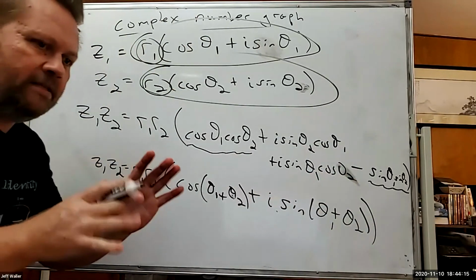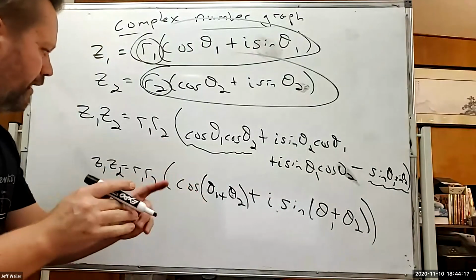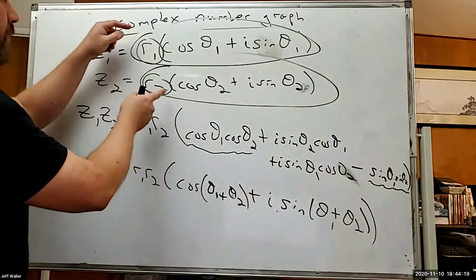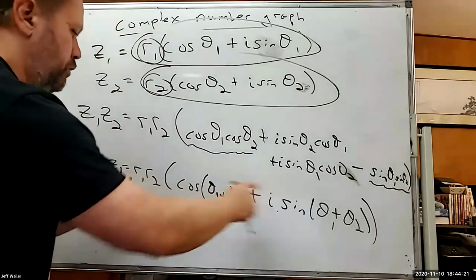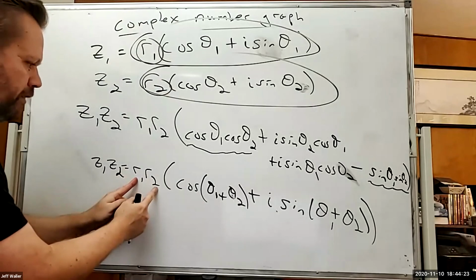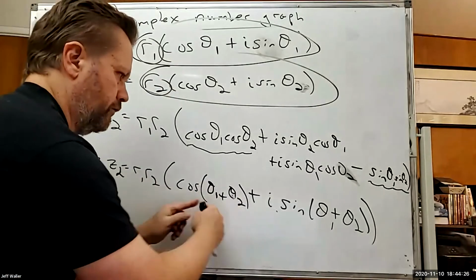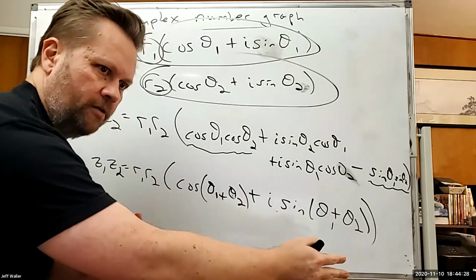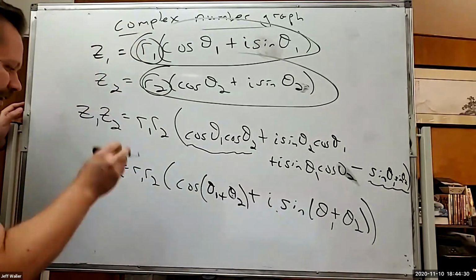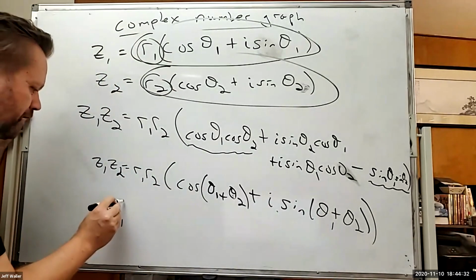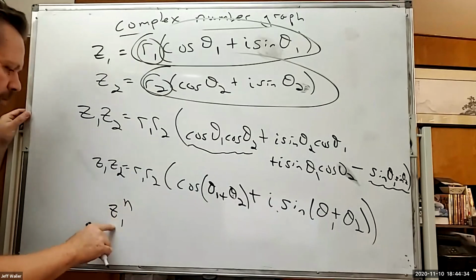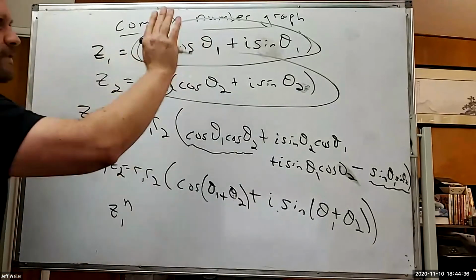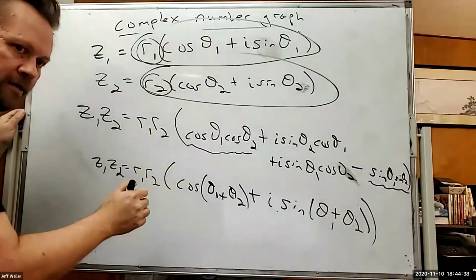This is kind of nifty: if I represent complex numbers in this way, I can just multiply their lengths and then add their angles. So the next thing we'll do next time is, what if I multiply a complex number by itself multiple times?